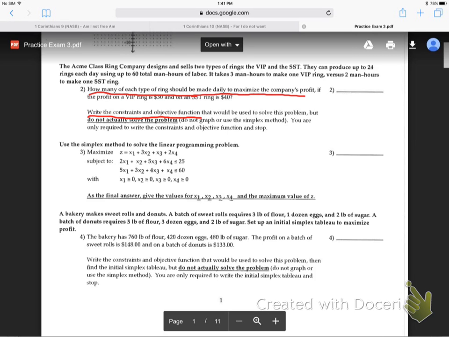So how many of each type of ring should be made? What are the 2 types of rings? VIP and SST. Whatever SST is, those are the 2 types of rings. Remember, whenever you set up a word problem, you put those across the top, rather than down the side. Do you know what I mean by that? Whatever they're asking you for, if they say, how old was Johnny and how old was Susan, then that's what goes across the top.